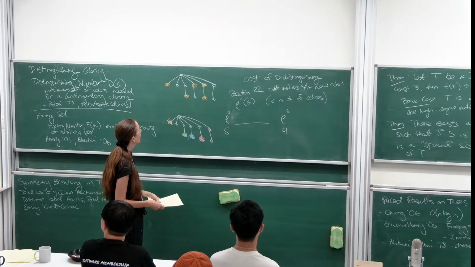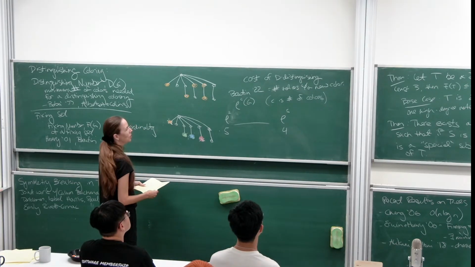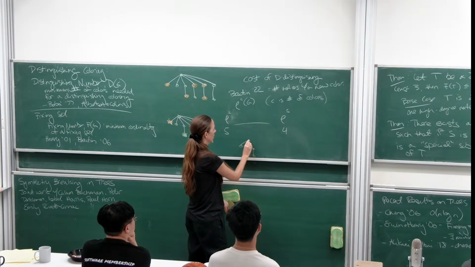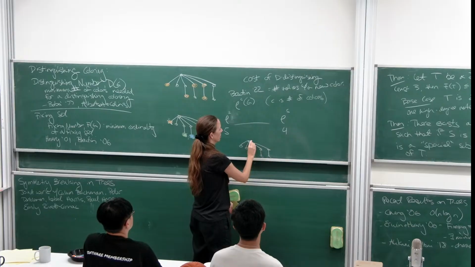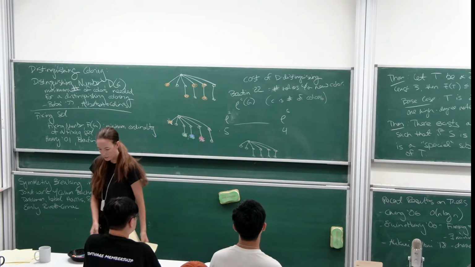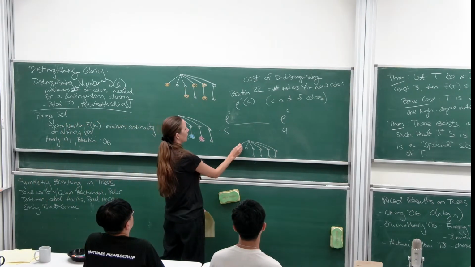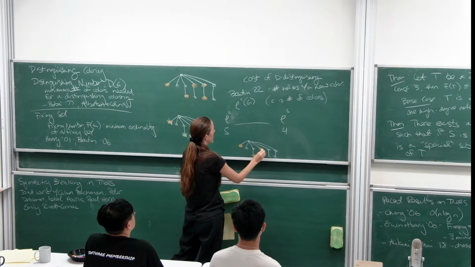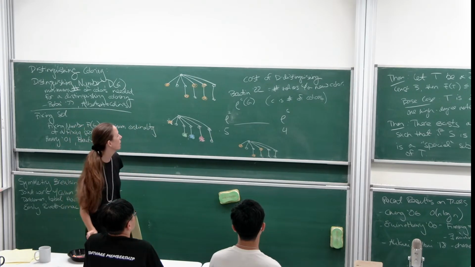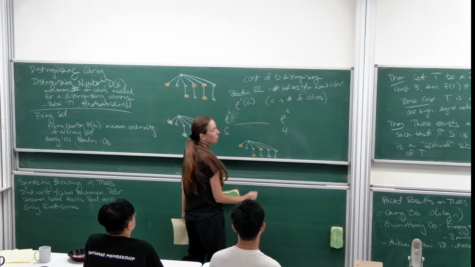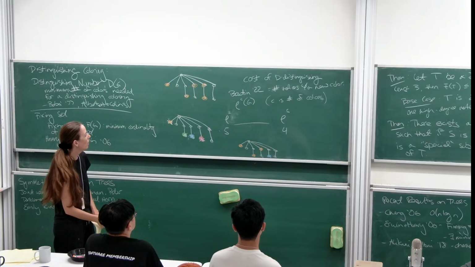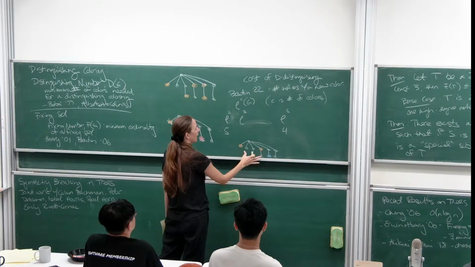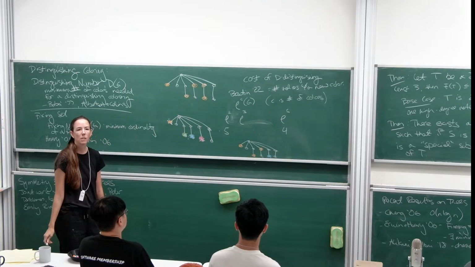But one thing with this graph is that instead of doing something like this, I could have had this one be blue, and now I have 3 colors, and I only have 4 vertices receiving new colors.